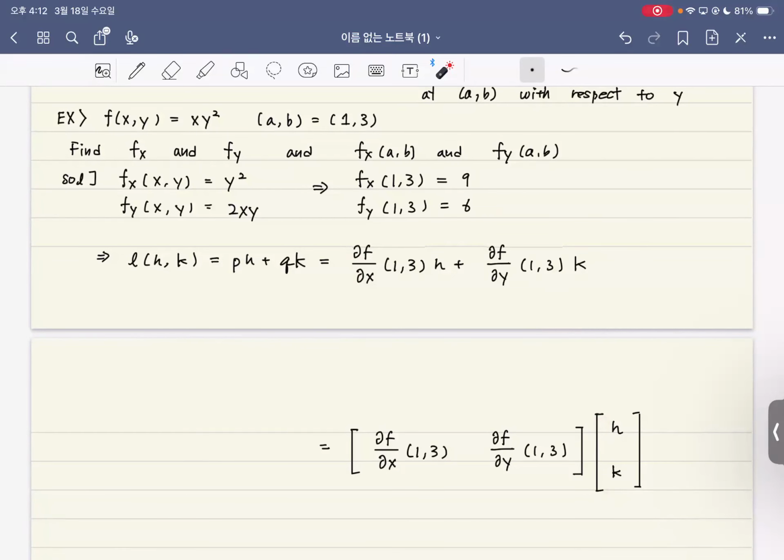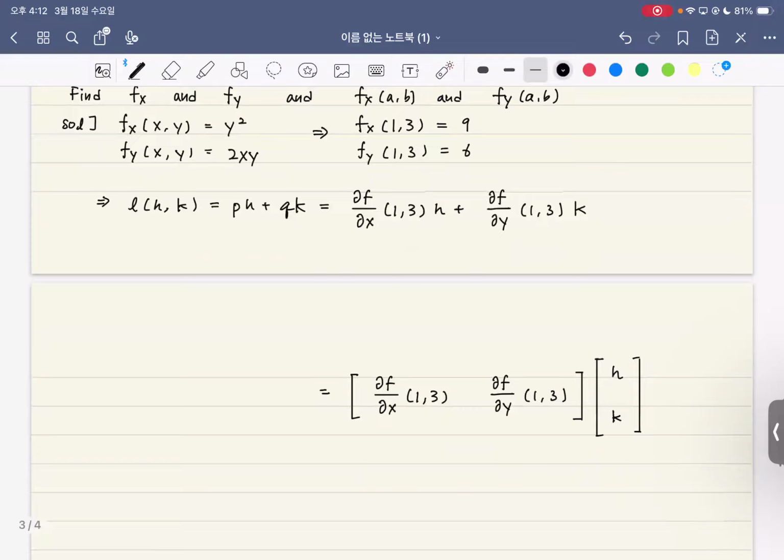So this expression can be factorized by using these two matrices, and this is (9, 6) times (H, K). So this is how you get your function L.